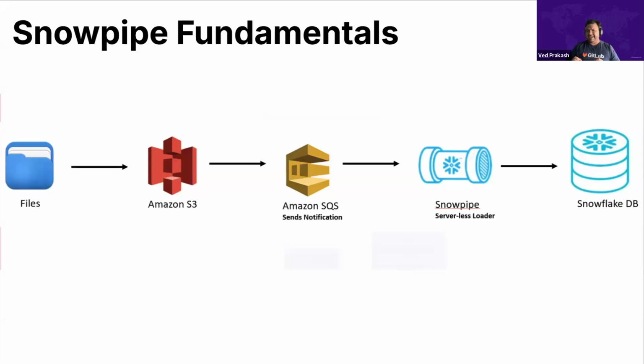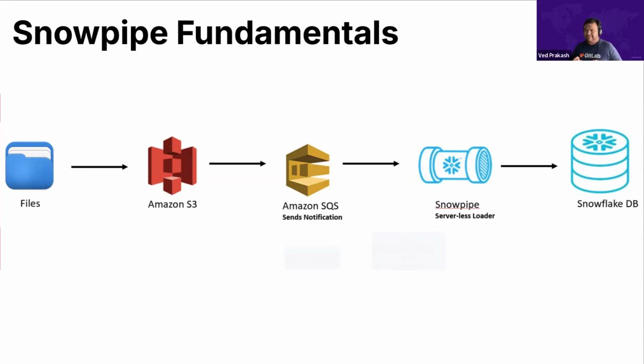Error handling and data validation: by default, it comes with a built-in mechanism to handle errors and validate data during the ingestion process, ensuring data quality. Near real-time data availability: data becomes available for querying within a minute of being staged, enabling timely analysis and decision making.